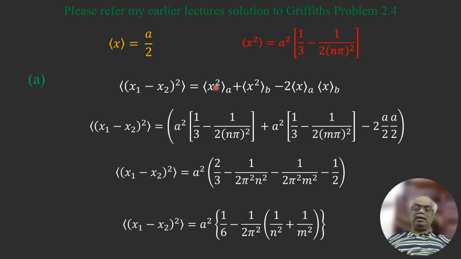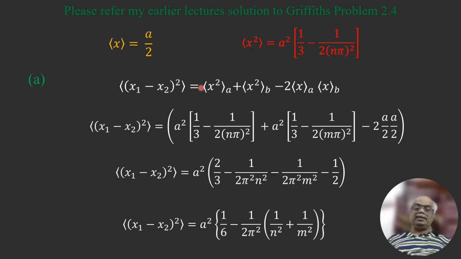The expectation value of x squared of particle A, let us say A is in the nth state, will be a squared times (1 over 3 minus 1 divided by (2 n pi) whole squared). Then for particle B, we take a squared times (1 over 3 minus 1 over (2 m pi) whole squared), that is, particle B is in the mth state.